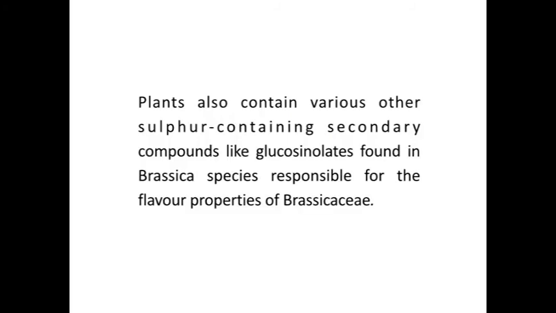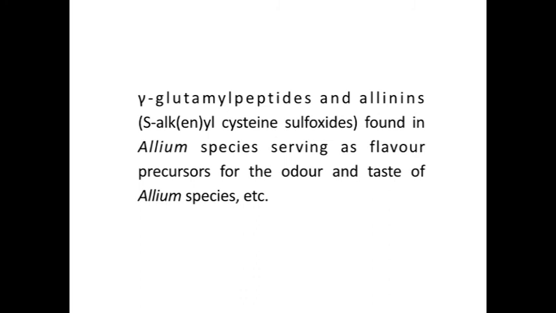Plants also contain various other sulfur-containing secondary compounds like glucosinolates found in Brassica species, responsible for the flavor properties of Brassicaceae, gamma-glutamyl peptides and S-alkenyl cysteine sulfoxides found in allium species, serving as flavor precursors for the odor and taste of allium species, etc.